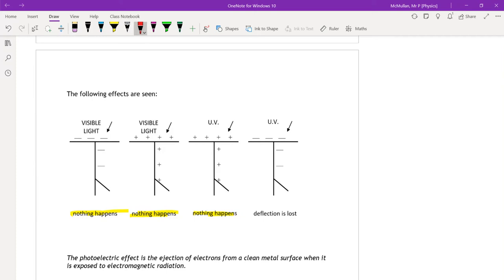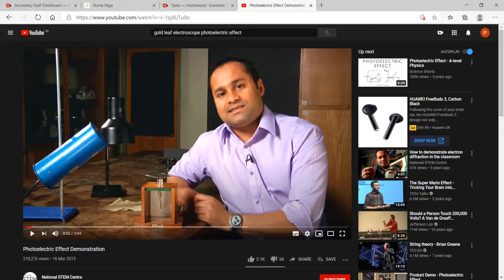However, if we charge the plate negatively and we have UV light, this gold leaf would fall back down to where it is at rest. So to make this a bit clearer before we actually do the experiment tomorrow, let's go to the National Science Centre for a little explanation, and then we'll have a look at it.